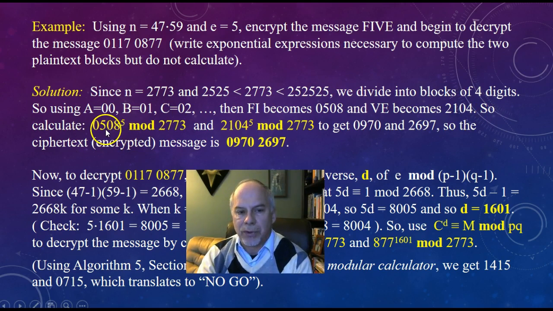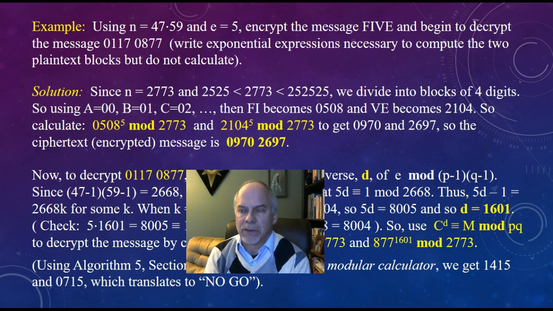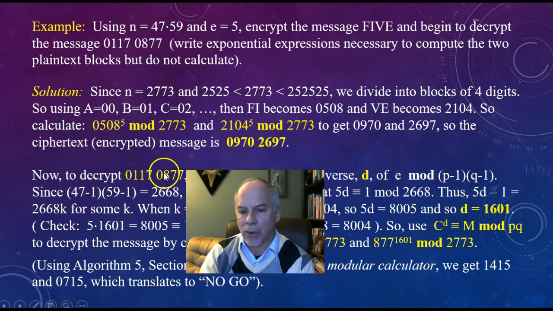So what we'll do to encrypt the message is do 0508 to the 5th power mod 2773. Now this is small enough we probably could use a regular calculator and figure out what the remainder is when we divide by 2773. But you could use a power mod calculator if you want.